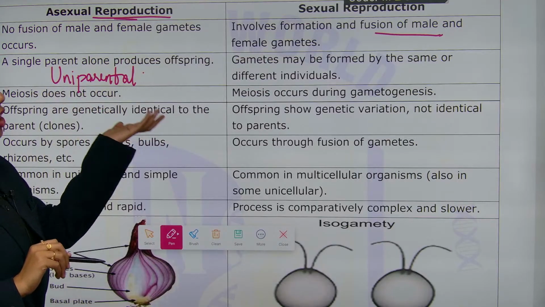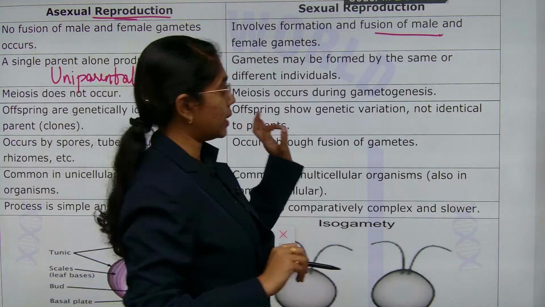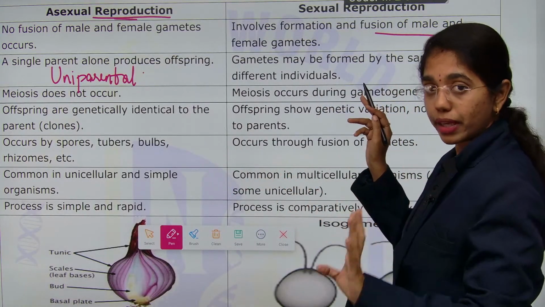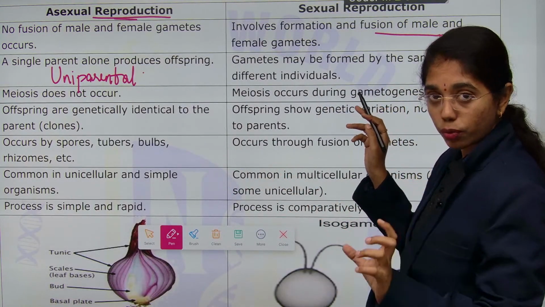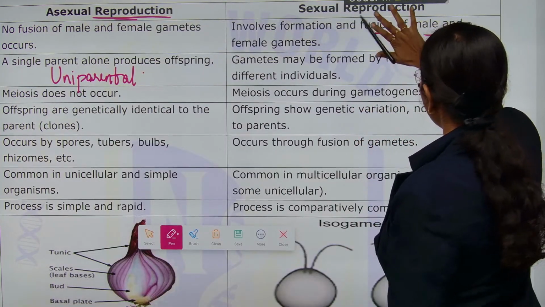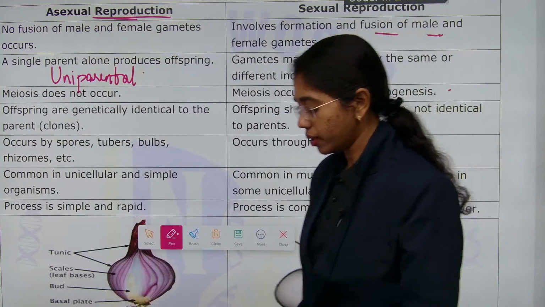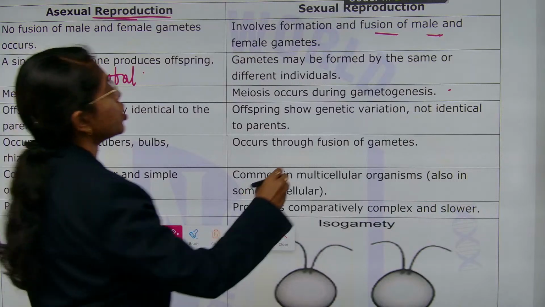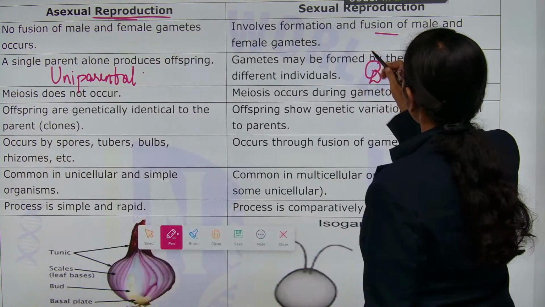In sexual reproduction, gametes are formed by individuals, and two individuals will be involved in the gamete formation, so this will be biparental. Sexual reproduction is biparental.